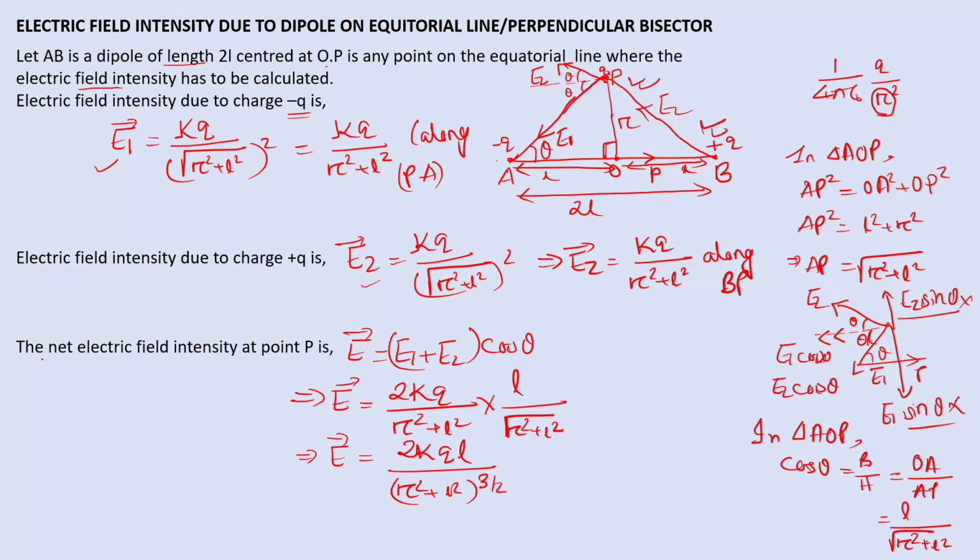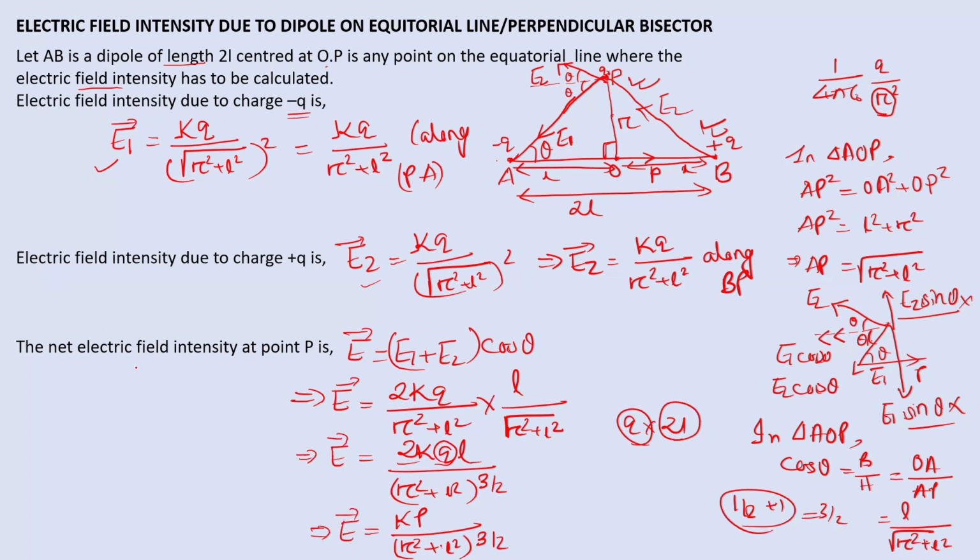Why is it 3 by 2? Because you have seen here the power is 1 by 2 and 1. When we add, we get 3 by 2. In the next step, what will we write? E equals, we know Q into 2L is the dipole moment. So here this Q and this 2L will give you P, divided by R square plus L square whole to the power 3 by 2. So this is your electric field intensity at the point P.